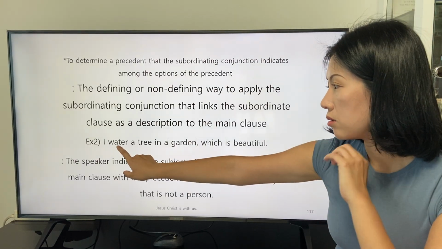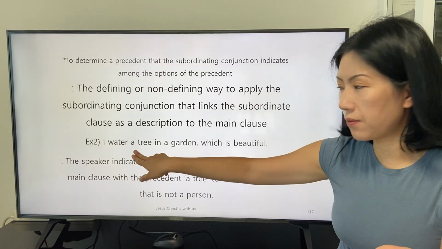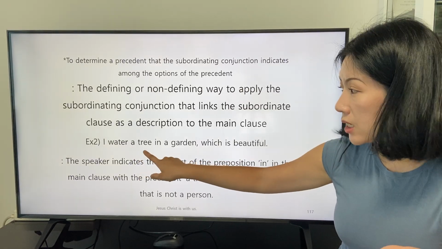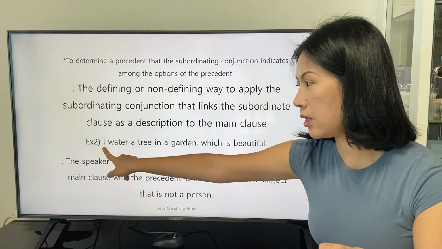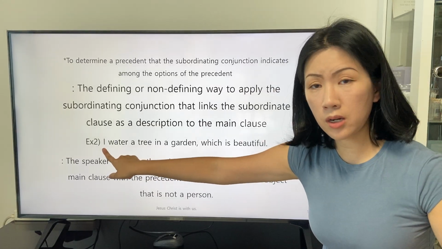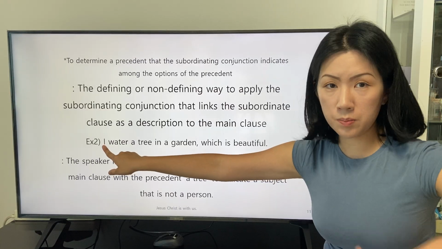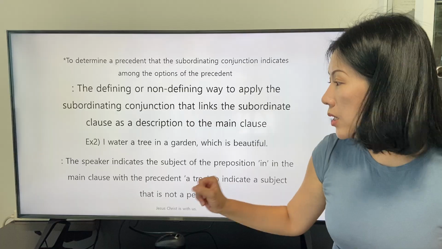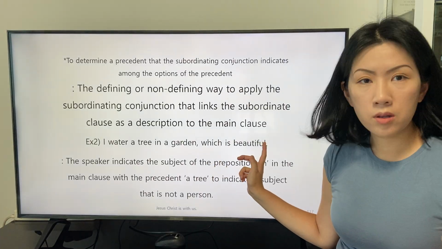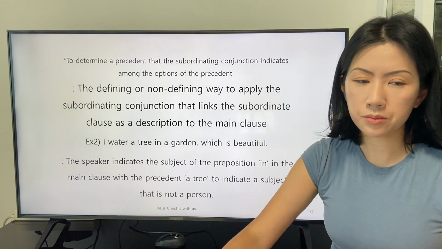And there is an indicative expression, a tree, that is not a person as the object, and the subject, the speaker, is not even considered because the speaker is a person. So we admit that the beautiful existence is a tree in the main clause.